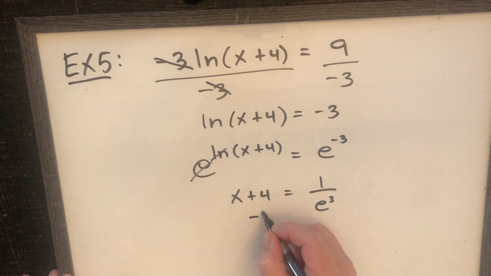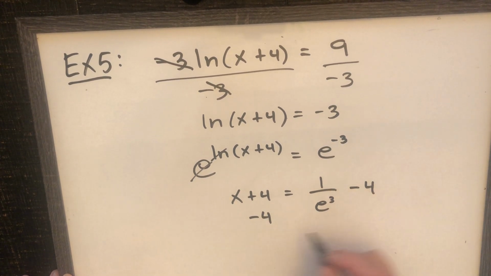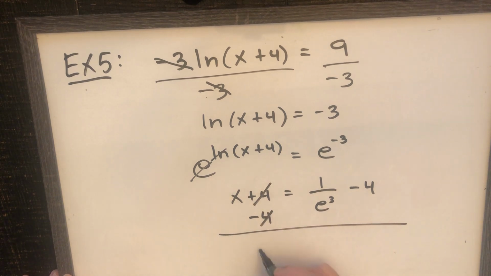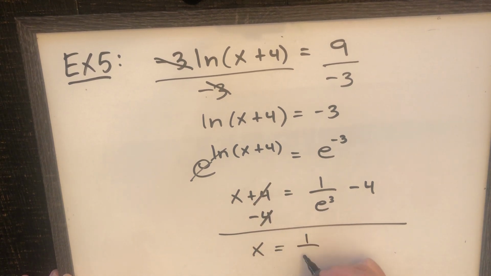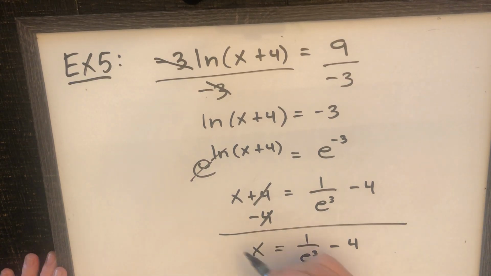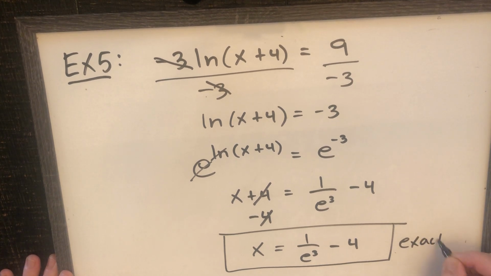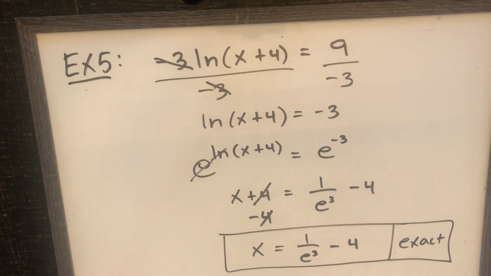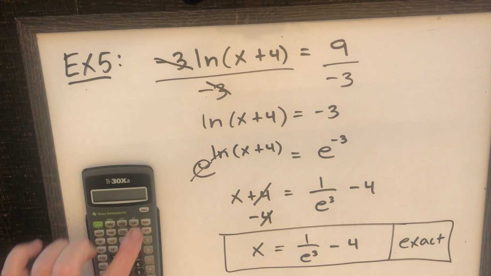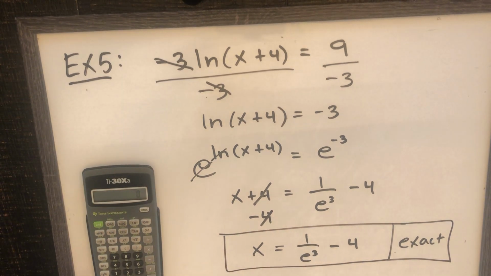Finally, we're going to isolate our x, subtracting 4 from both sides. So we have x is 1 over e cubed minus 4. This would be the exact value. If you needed an approximation, I would do the 1 over e cubed first.